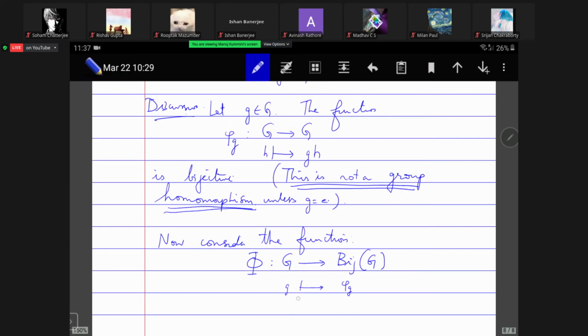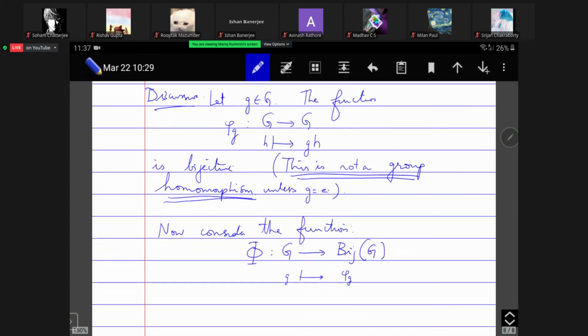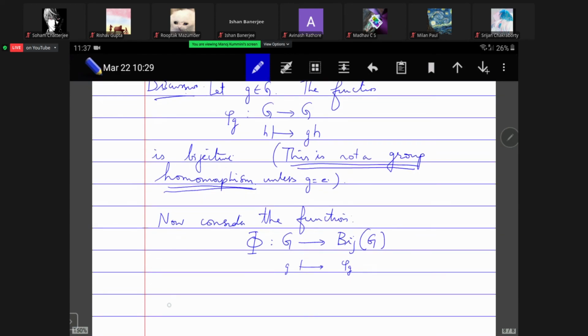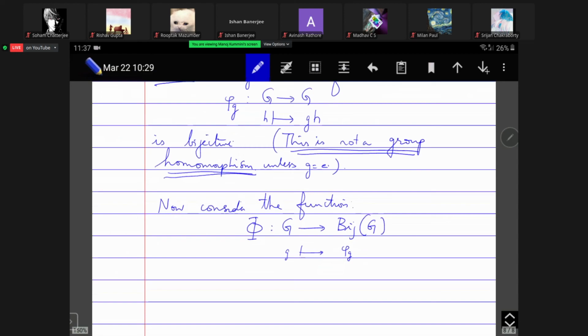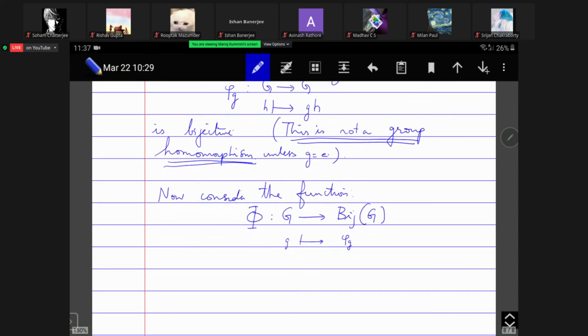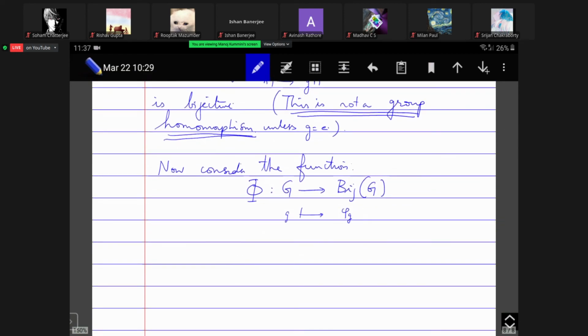Now consider this function. I will make an assertion here because I want to conclude this, and I will prove it next time. Phi is a group homomorphism.